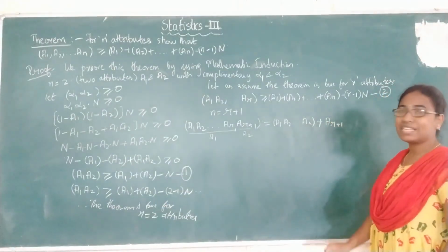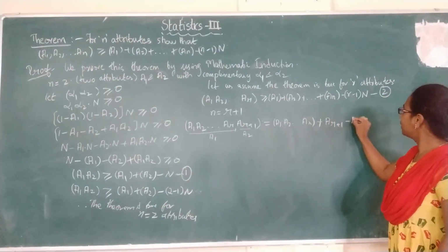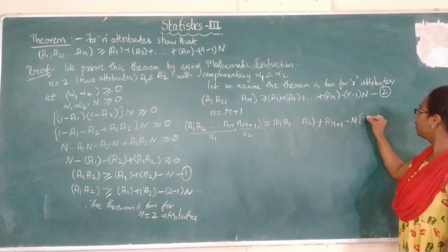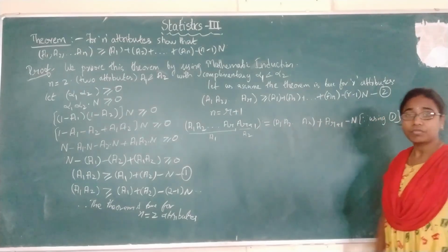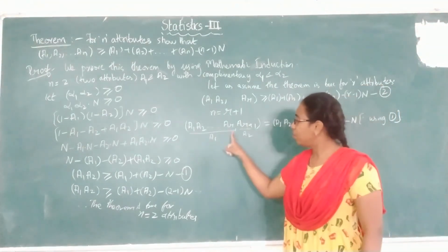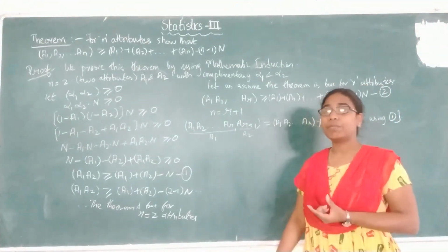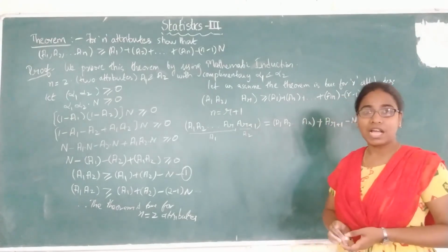Next you have minus capital N. This is using equation 1. So don't forget, up to r we have considered as one variable and r plus 1 as the other variable.